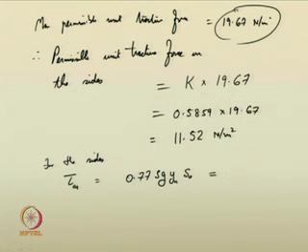This can now be equated with 11.52 as obtained here. You know the value of rho g S naught. Therefore, the normal depth can be obtained as 0.953 meter.